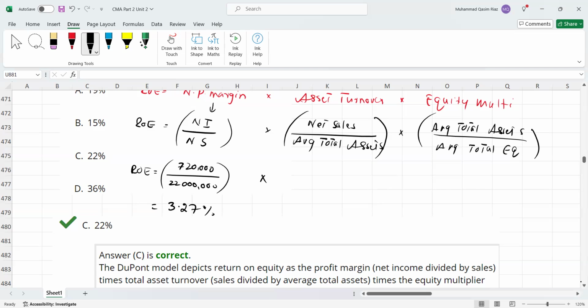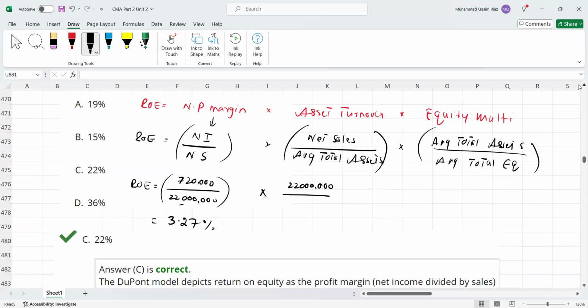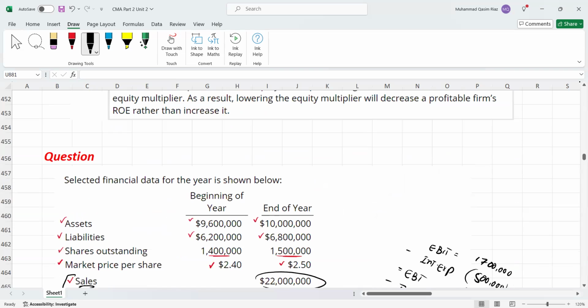Then net sales. We know the net sale, this is the value, 22 million, divided by average total assets. So let's go back to the question. Assets are given: opening assets at the beginning of the year, closing assets at the end of the year. So opening assets plus closing assets divided by 2. Opening assets are 9.6 million, closing assets are 10 million, divided by 2.